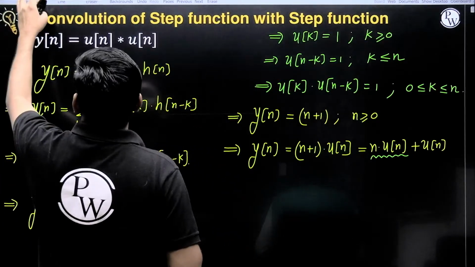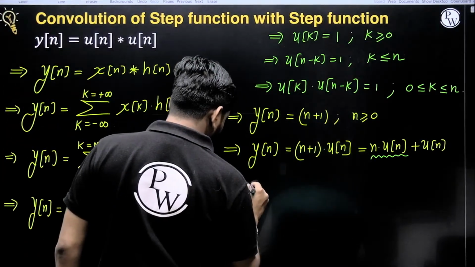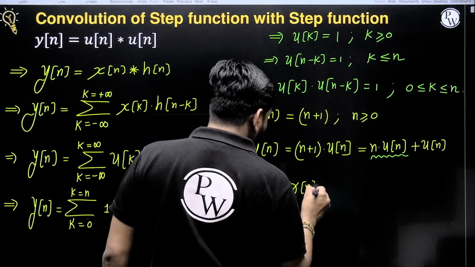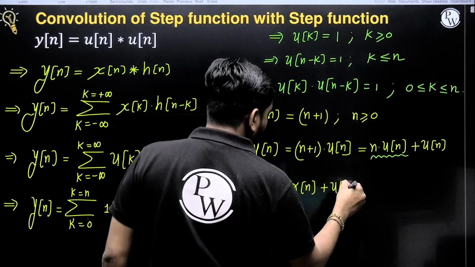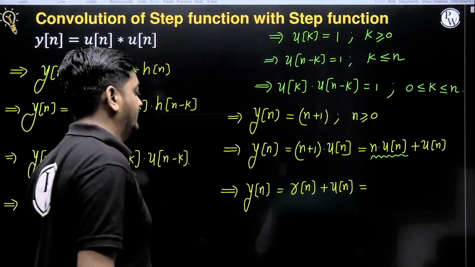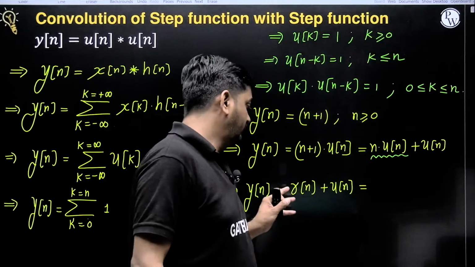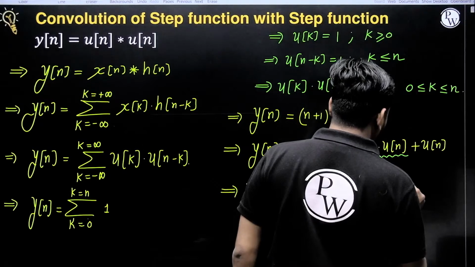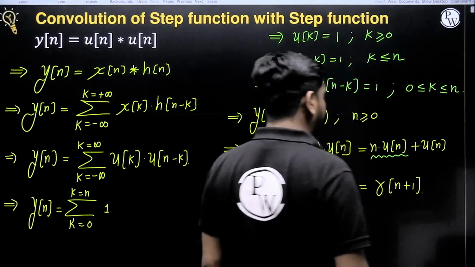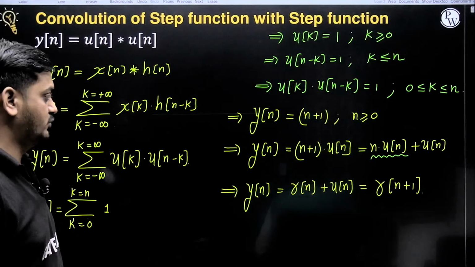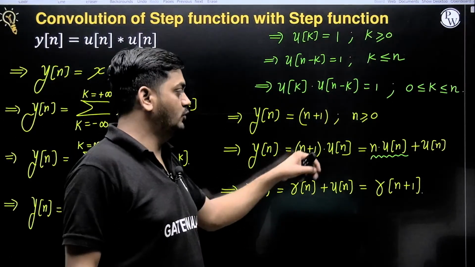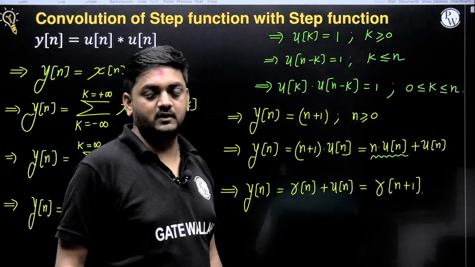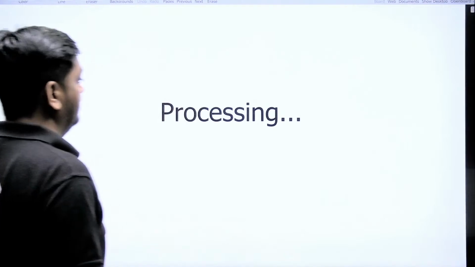So y of n will be r of n plus u of n, and already we have seen in the first chapter the summation of ramp function r of n with u of n is r of n plus 1. So multiple answers are possible: n plus 1 into u of n, r of n plus u of n, which is also equal to r of n plus 1. Very much important result, guys.